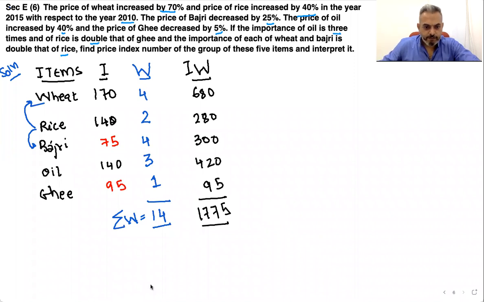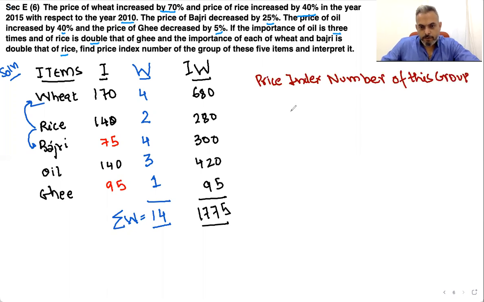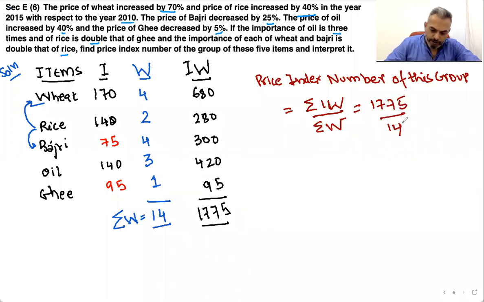So let's write the answer. So price index number of this group is equal to sigma IW upon sigma W, which is 1775 upon 14, which is equal to 126.7857.